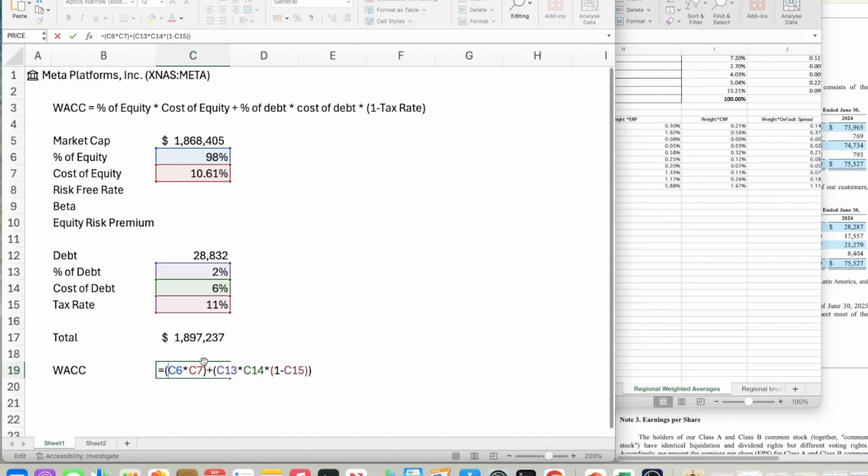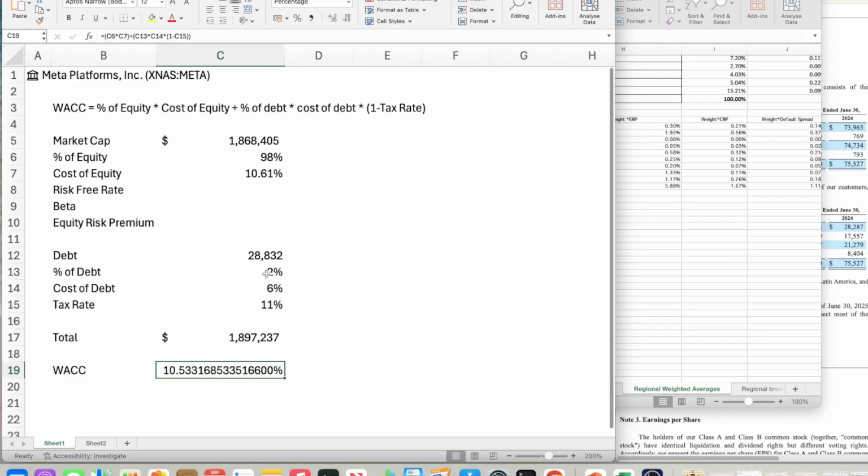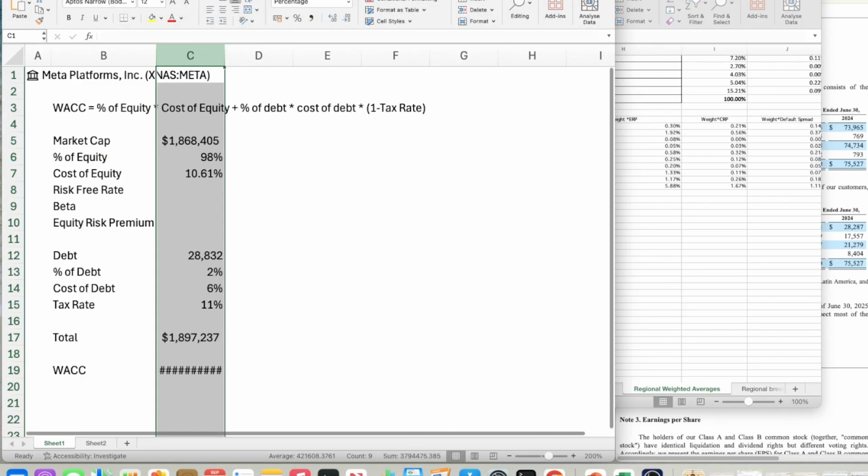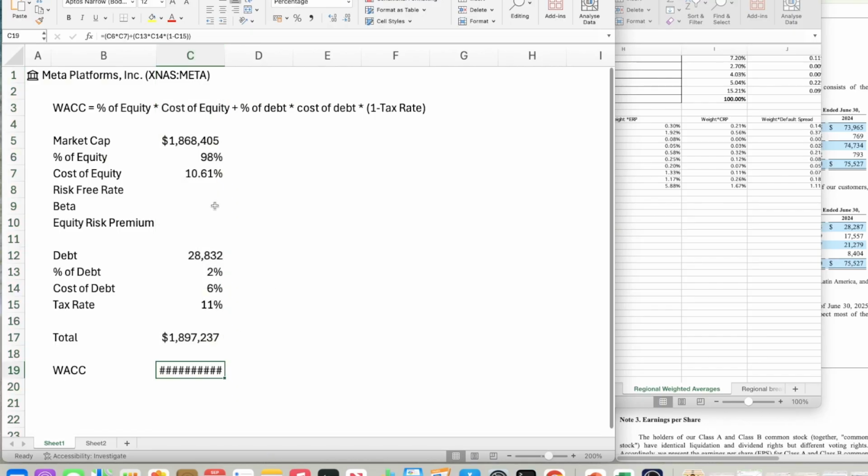And this will give us our WACC. So about 10.53% for the WACC for Facebook.